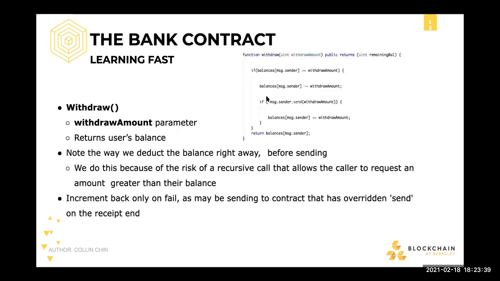Our next function will be the withdraw function. And in the withdraw function, what happens is that someone might want to go to the bank and take away money from the balance. So then in this case, we only deduct the balance if they have enough money. Because if someone does not have enough money in the balance, we should fail the transaction because they can't take more money than they actually have.